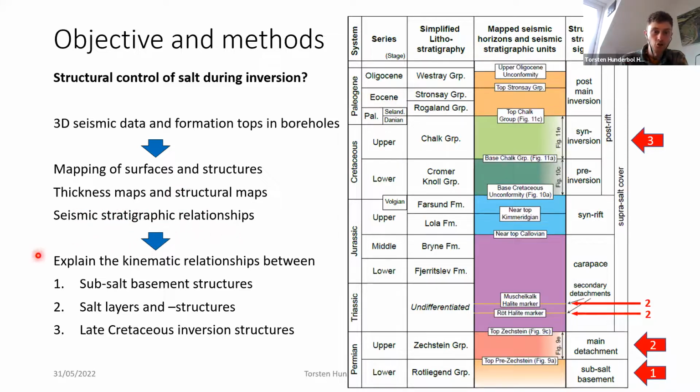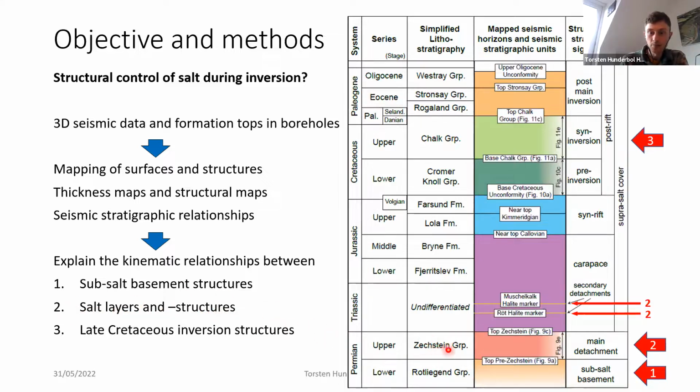In order to investigate the kinematic relationships between, one, subsalt basement structures, and that would be on this very simplified stratigraphic chart, down here in the lower Permian or even older. Number two, salt layers and salt structures.